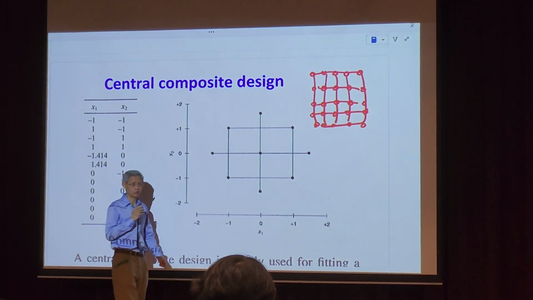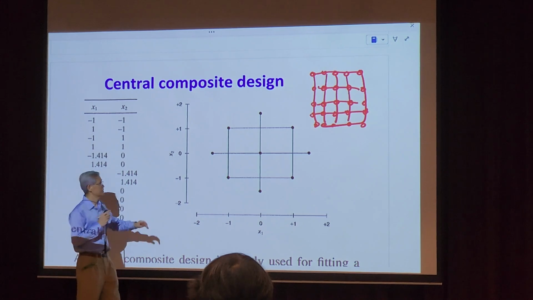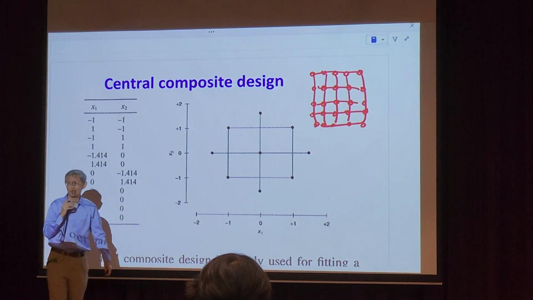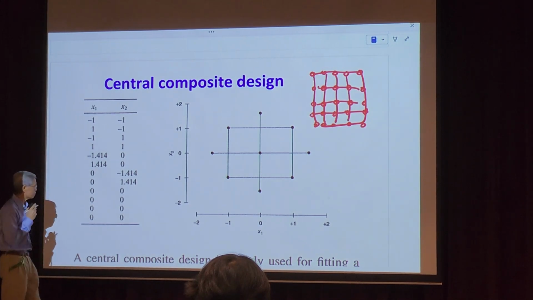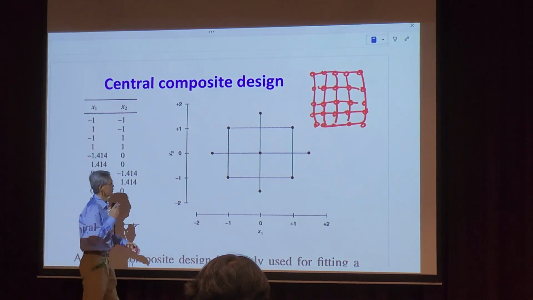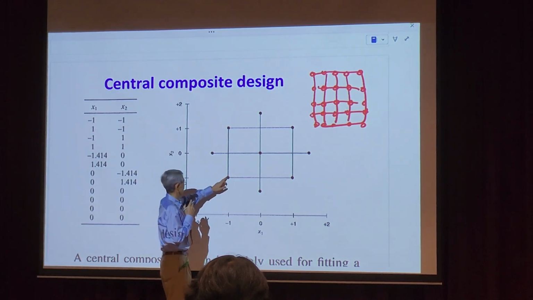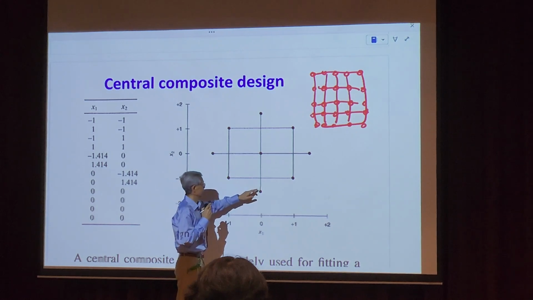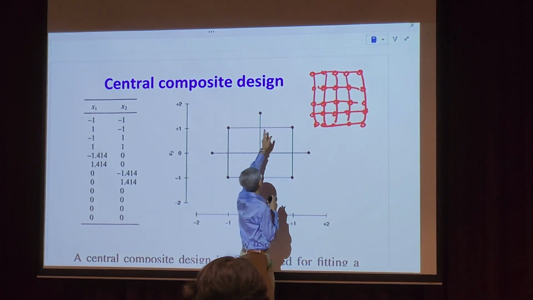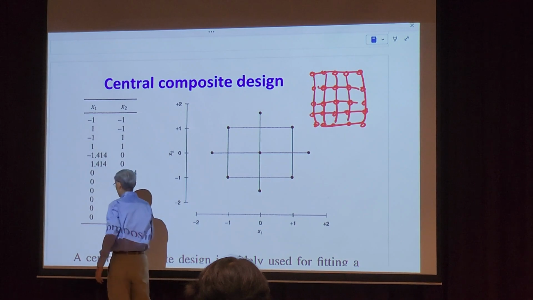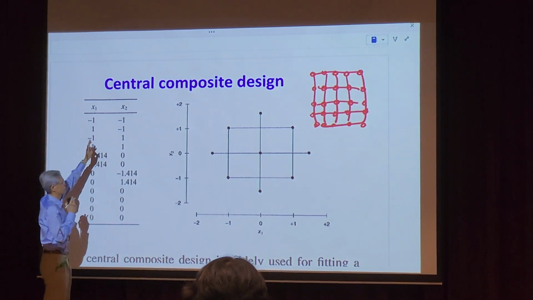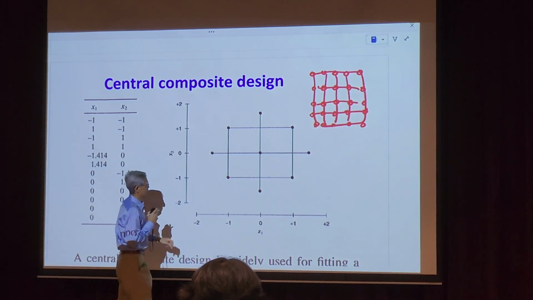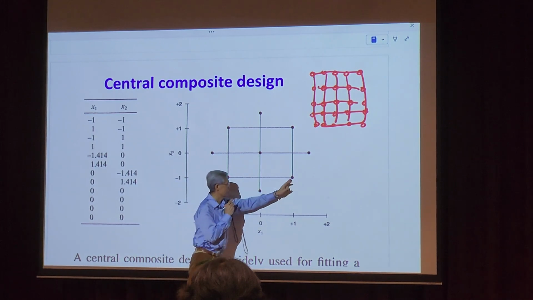So a good model to use to construct a response surface is called the central composite design, in which you are going to do an experiment at each of the points. Every point here. So for example, -1, -1, that's 1 point. 1, -1, there's another point.